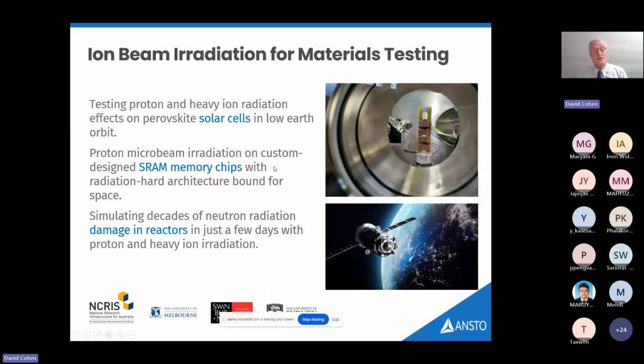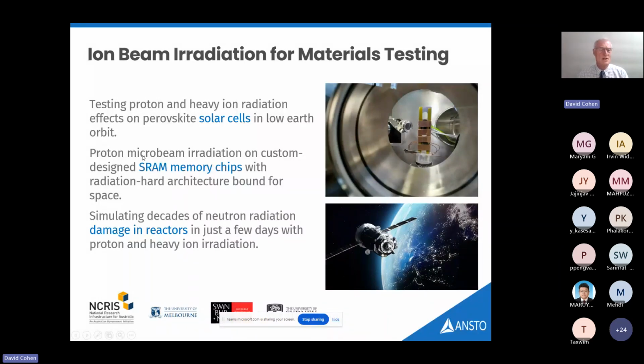And there's obviously other things we can do, which I haven't got time to talk about today because we're coming to the end of the talk. We can test proton and heavy ion irradiation effects on solar cells. Obviously all these satellites going to space have solar panels on them, and how long are these solar panels going to last once they get out into this harsh radiation environment in space? We can do that.